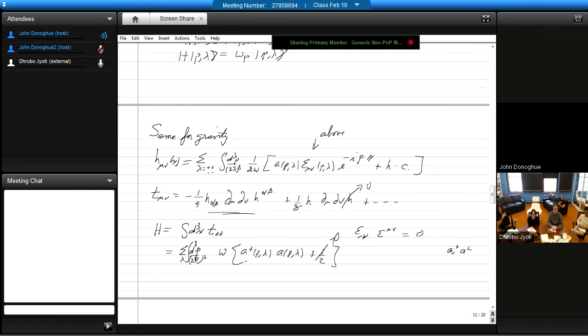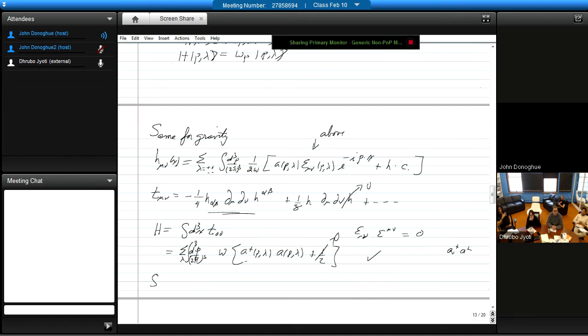So this works out fine. You get your states just like before. Nothing really changes. You can define graviton states by second quantization.